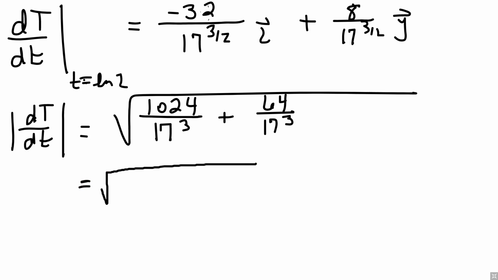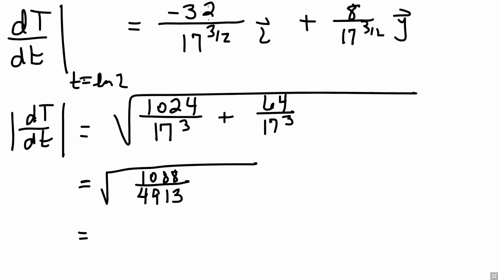So we're going to end up with the square root of 1,088 over 17 cubed, which is going to give us 4913. Okay, and I don't think that will clean up any. It does simplify down, which is nice.